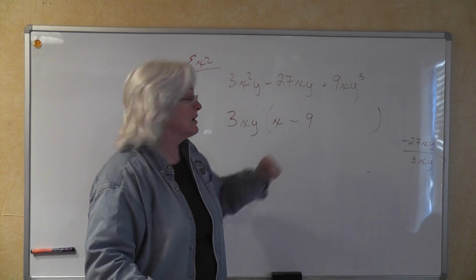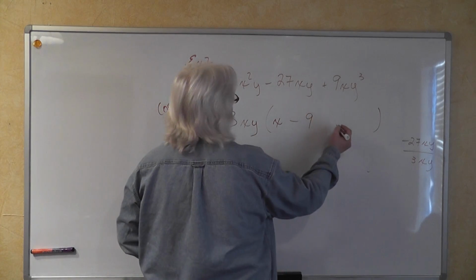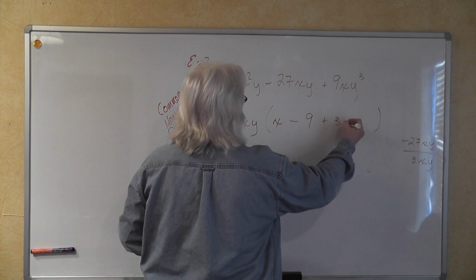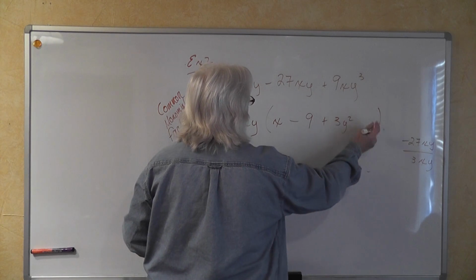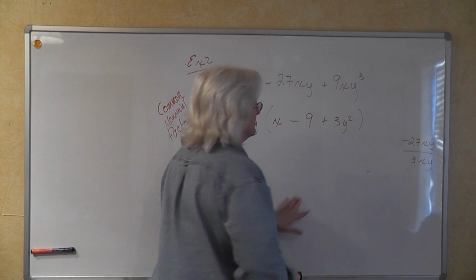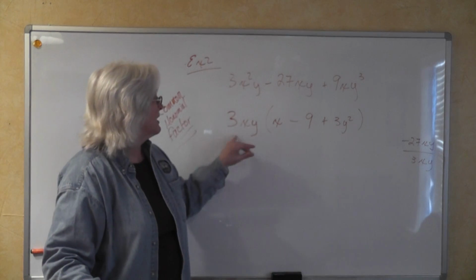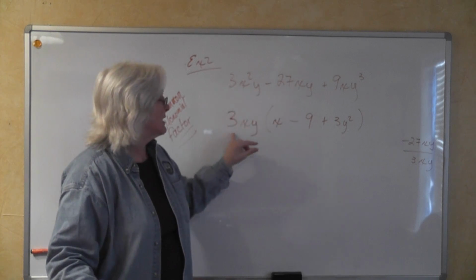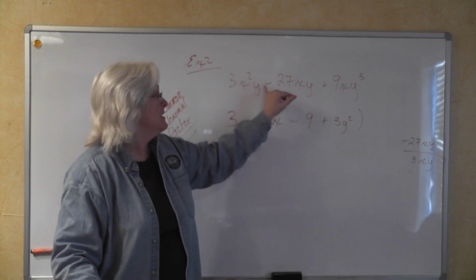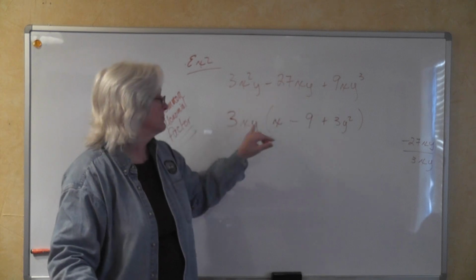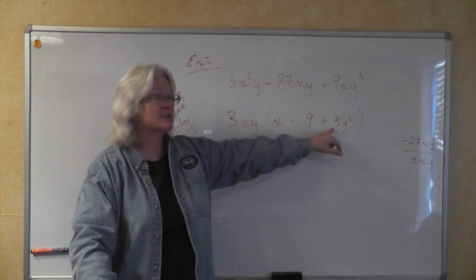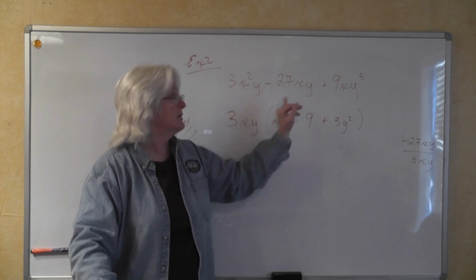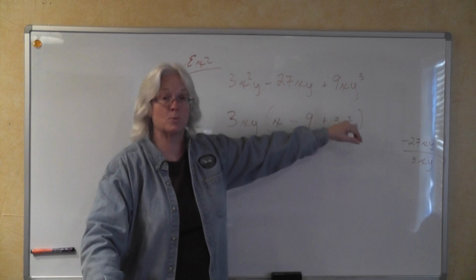Now we're going to factor out of this last term: 3xy times what is equal to 9xy cubed? So let's check this back. 3xy times x is 3x squared y. 3xy times a negative 9 is negative 27xy. 3xy times a positive 3y: 3 times 3 is 9, x, y times y squared is y cubed.